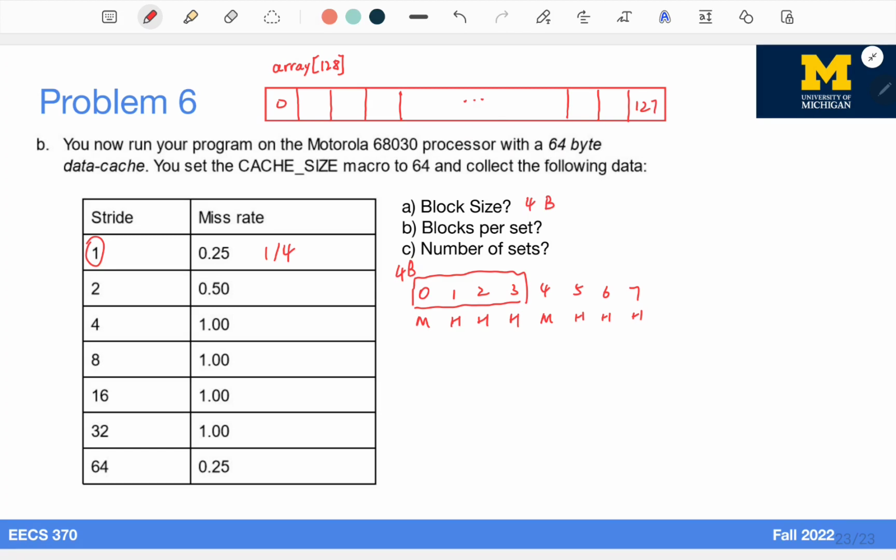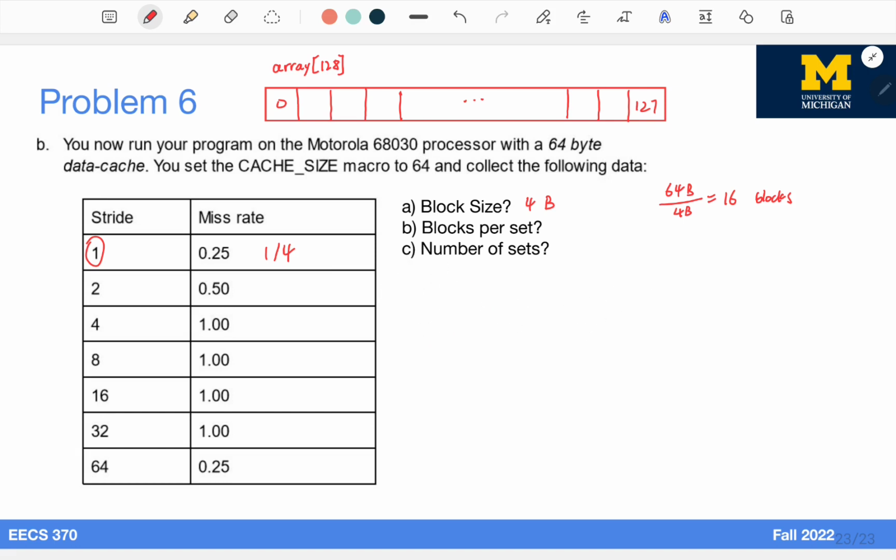So we know that our block size must be 4 bytes, therefore there should be 64 bytes divided by 4 bytes equals 16 different blocks inside the cache. But we still don't know what the structure is. Is it a fully associative cache or a set associative cache? We don't know.